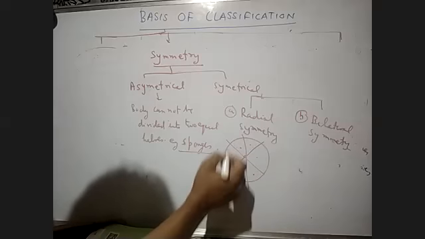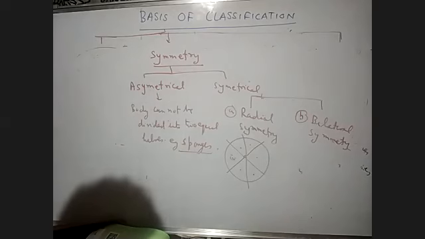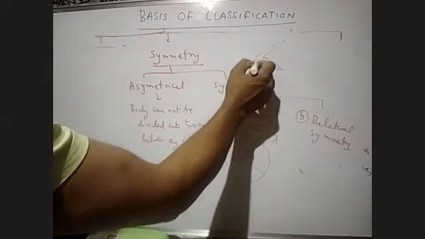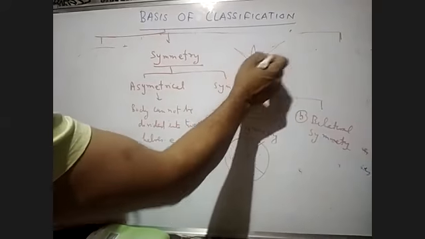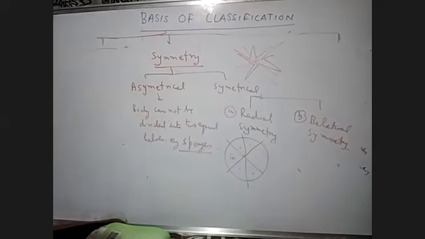As for example, in the case of the starfish, we can get radial symmetry. This is a starfish, and if you cut it from the center, we get radial symmetry.